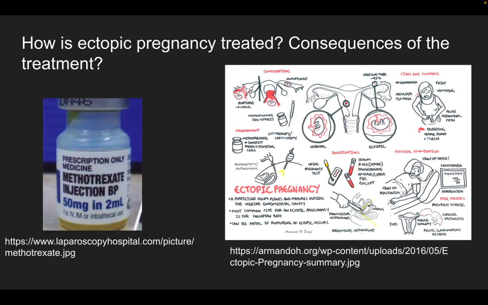Some side effects from this treatment include abdominal pain, spotting, light bleeding, nausea, vomiting, and dizziness. Most of the time, there are not very many serious side effects, though.